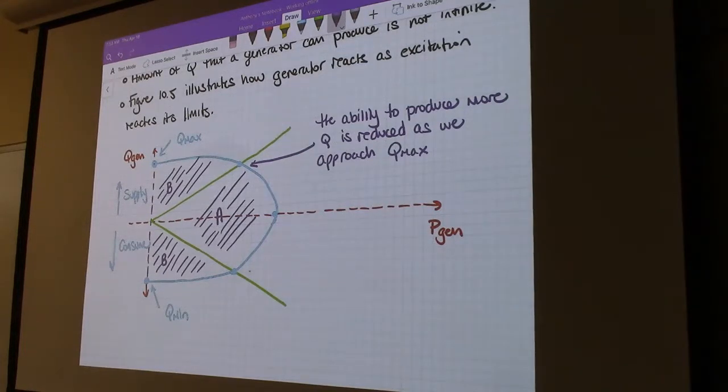When you're down here, for example, increasing the Q value, and you can see this by the curve, right? How the curve becomes flat at the top. When you're not producing much Q, it's easy in terms of there's not that much of a change in excitation that needs to be implemented to increase Q. As you get closer and closer to the maximum, it starts to level off and it becomes very hard, and then eventually you reach your Q max value.